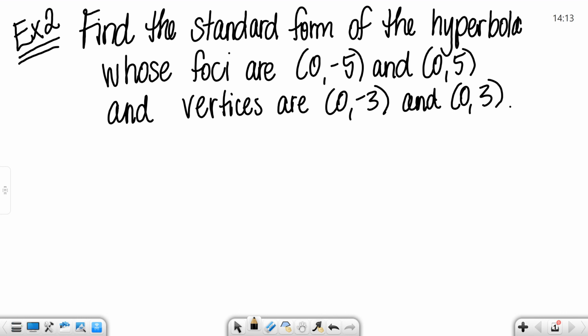So we are asked to write the equation, find the standard form.